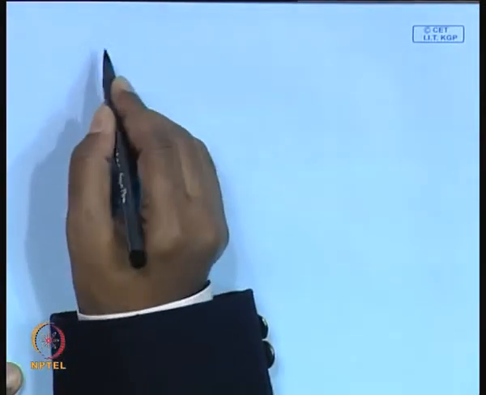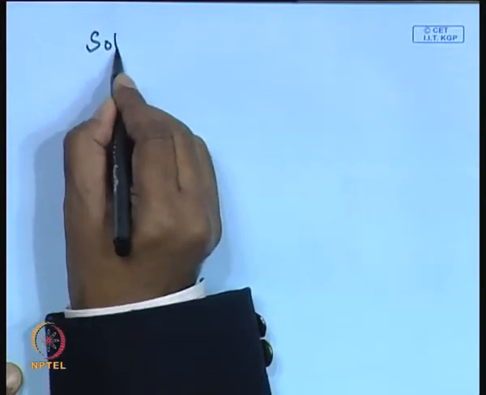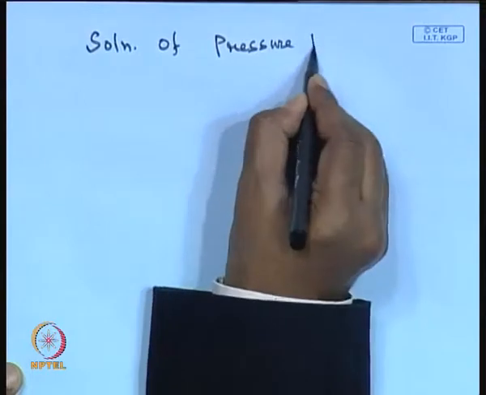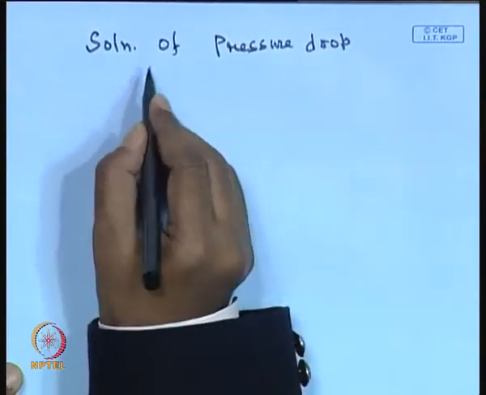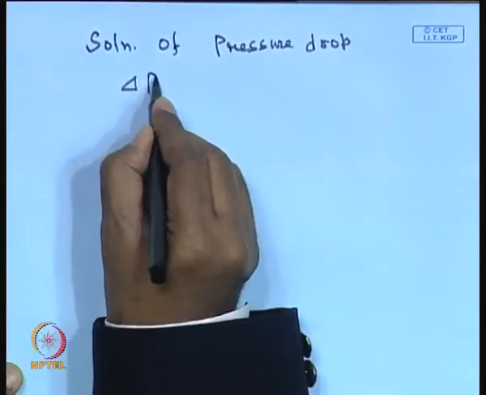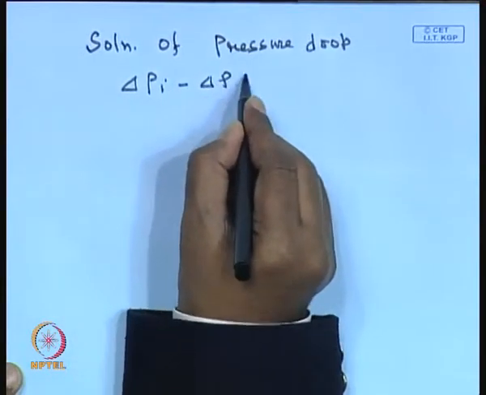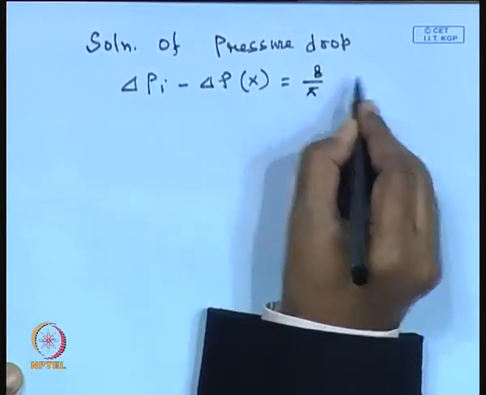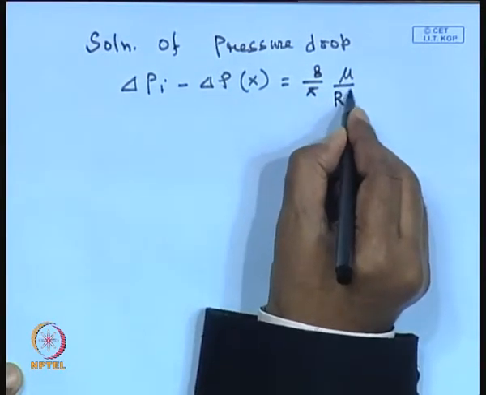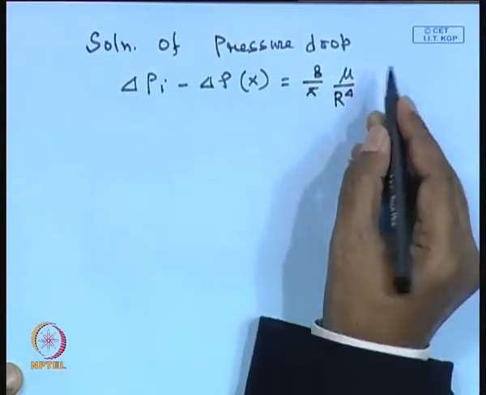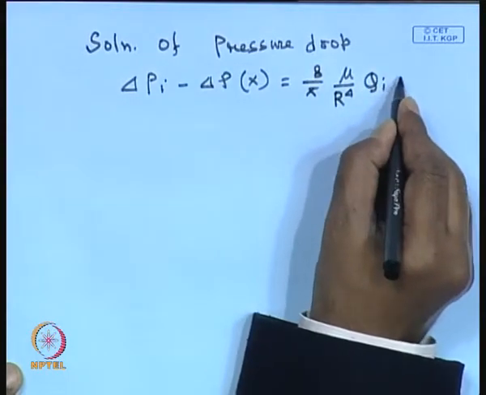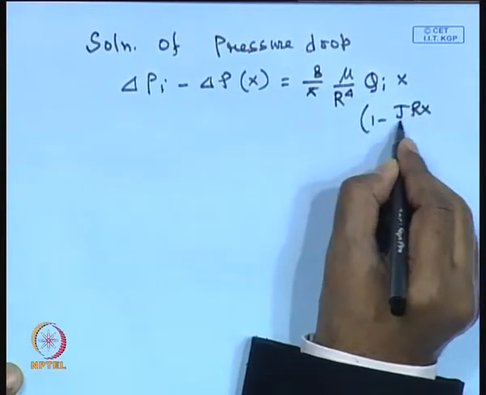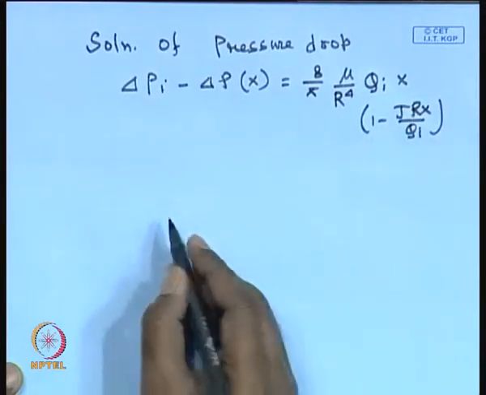So the final form of the solution for pressure drop becomes delta p in minus delta p at the location x is nothing but 8 over pi mu r to the power 4 q in x times 1 minus j r x over q in.